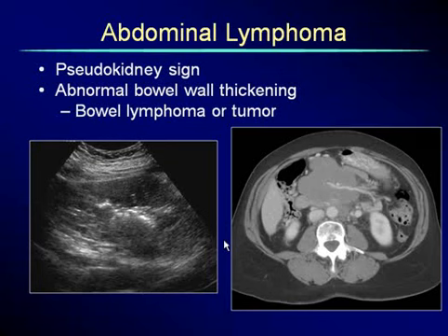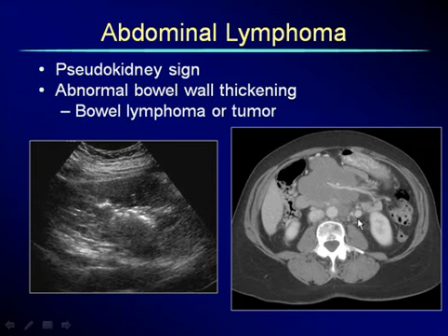As far as lymphoma goes, we might pick up some pelvic nodes. Sometimes we can pick up something floating around in the abdomen, something that we call a pseudo-kidney sign, which is a large mass of lymphomatous tissue compressing the mesenteric vessels in the middle. That's what gives us that pseudo-kidney appearance.